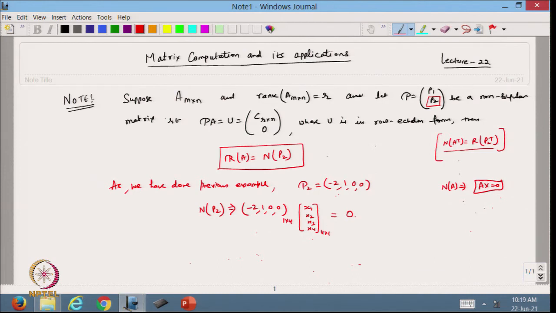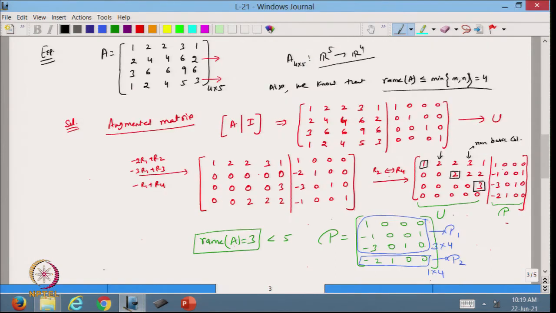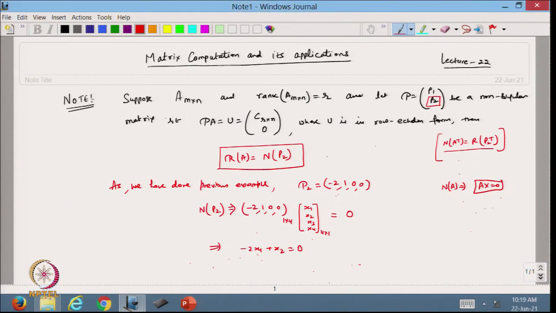From here I can write minus 2 x1 plus x2 equal to 0. I am getting only one equation. Also keep in mind that our matrix was 4 cross 5, moving from R5 to R4.